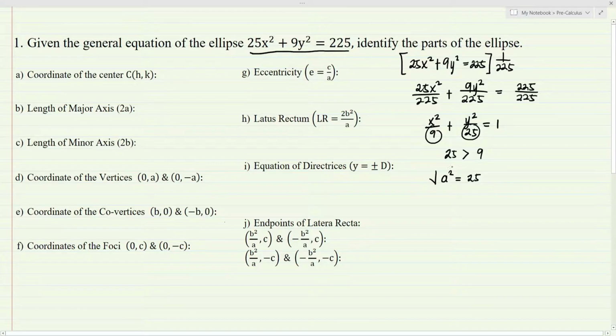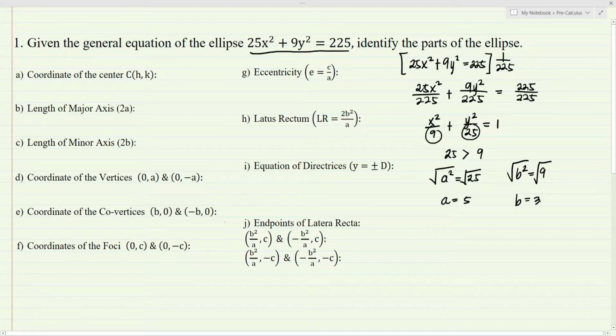Now to solve for the semi-major axis, just take the square root on both sides. Therefore, a would be equal to 5. And as for the semi-minor axis, I would equate b squared to 9, and solving for b, I would have b equal to 3.